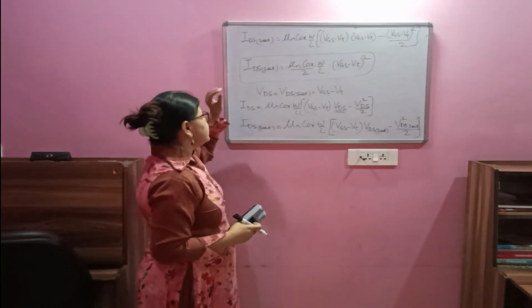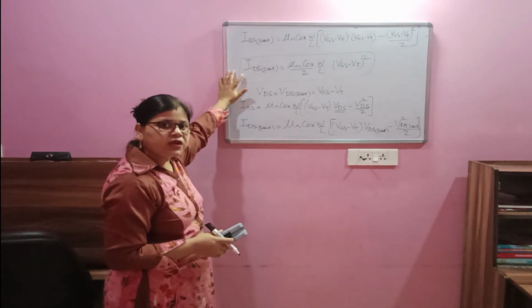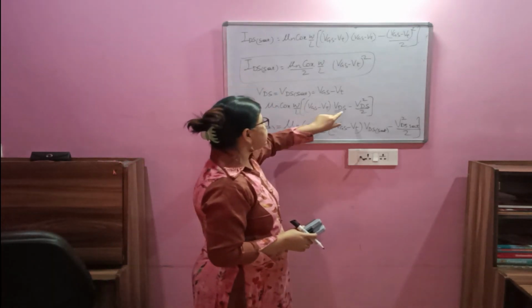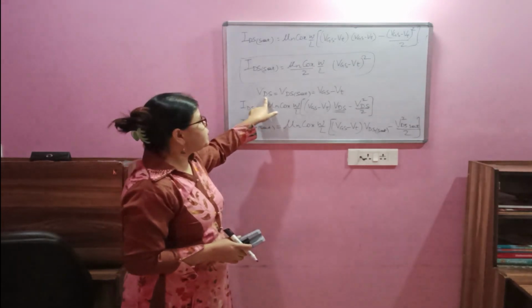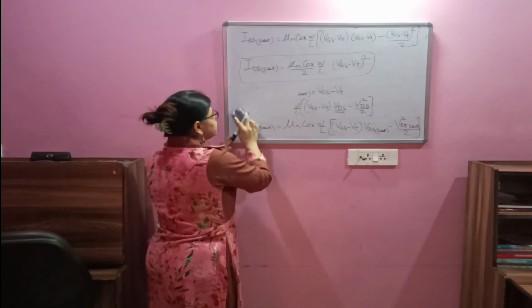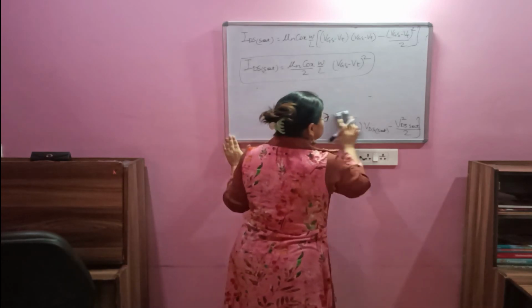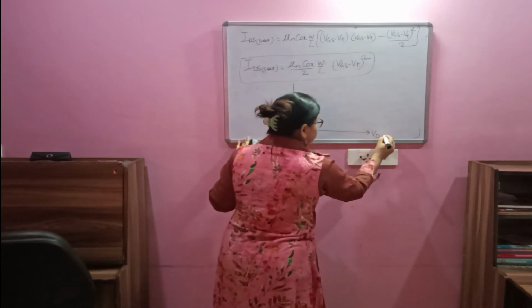We have just derived that the saturation current equation is free of the term VDS, which was a trouble for us. Now when we plot for this, obviously when it is free of the term VDS and when we are plotting for a constant VGS, then the curve looks like this.